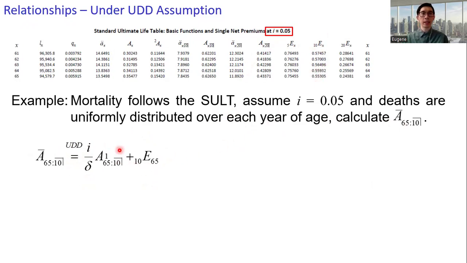We need to get the 10-year term insurance. Make use of the relationship here: endowment insurance equals the expected present value of the 10-year term insurance plus 10E65, the present value of the endowment component.